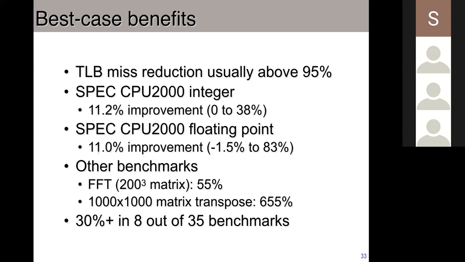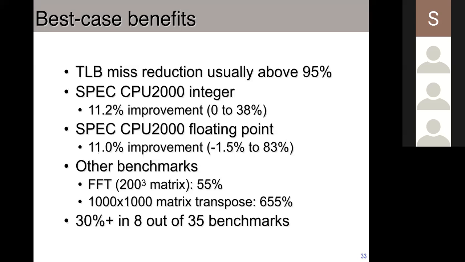They really went out of their way. They tested 35 benchmarks in all. It's not enough to just run one program and say, hey, for this program my system works well, so I'm going to call it a day. No, you have to run it across a bunch of workloads and then show where your system works and where it doesn't work, which is what they did.